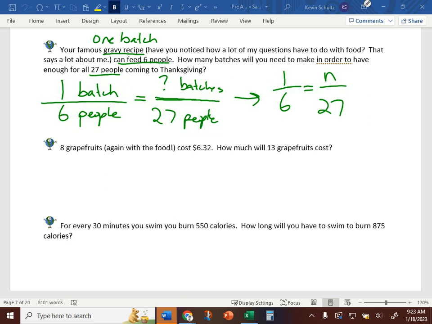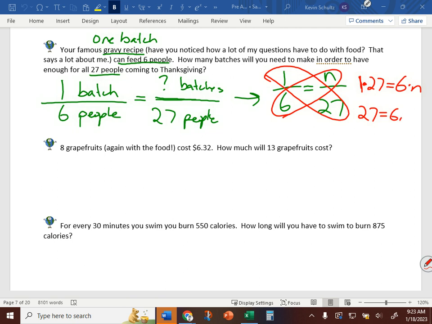Using cross products, we've got 1 times 27 is equal to 6 times n, or 27 equals 6n. And what do we do to solve this?